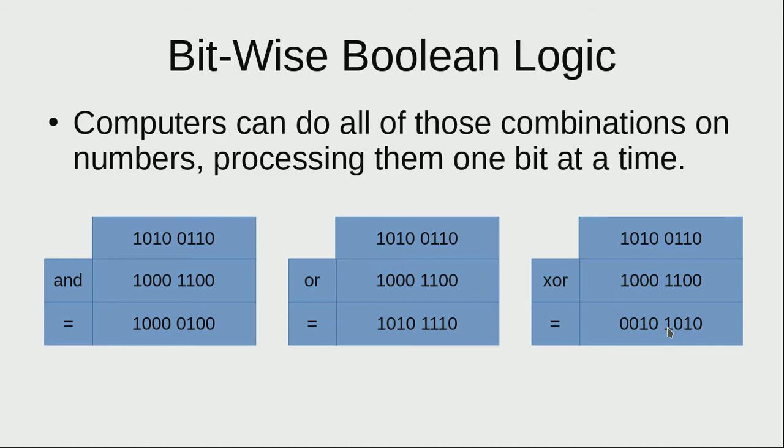It's not always going to be that case, but you can see we've got 3 ones here, there were 3 here and 4 here. It's about the same number of ones. Here we had 4 ones and 3 ones, and we end up with 5 ones. Here we had 4 ones and 3 ones, and we end up with 2 ones. So ANDs tend to get rid of ones, ORs tend to create ones, XORs tend to remain about the same.